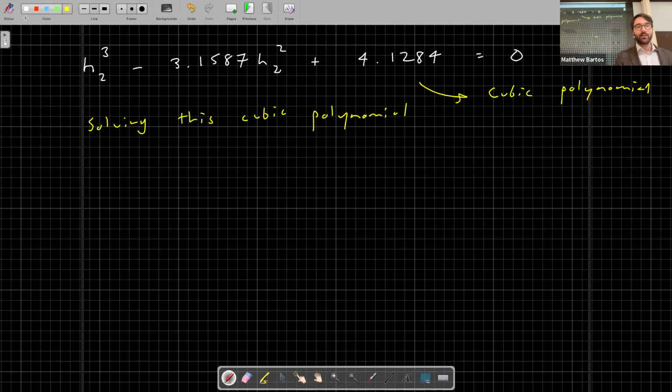So our depth is going to be one of those 3 values. Negative 0.997, 1.659, or 2.496.